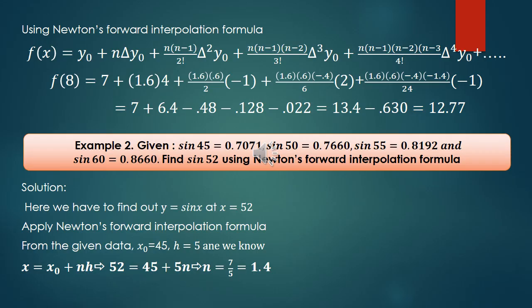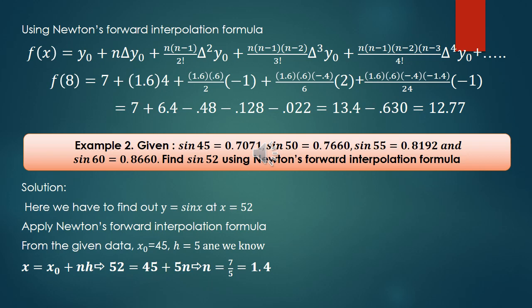Newton's forward interpolation formula: f of x equals y naught plus n del y naught plus n(n minus 1) by 2 factorial del square y naught plus n(n minus 1)(n minus 2) by 3 factorial del cube y naught plus n(n minus 1)(n minus 2)(n minus 3) by 4 factorial del 4 y naught plus etc. Because the above difference table contains fourth order differences, we write up to the fourth term.